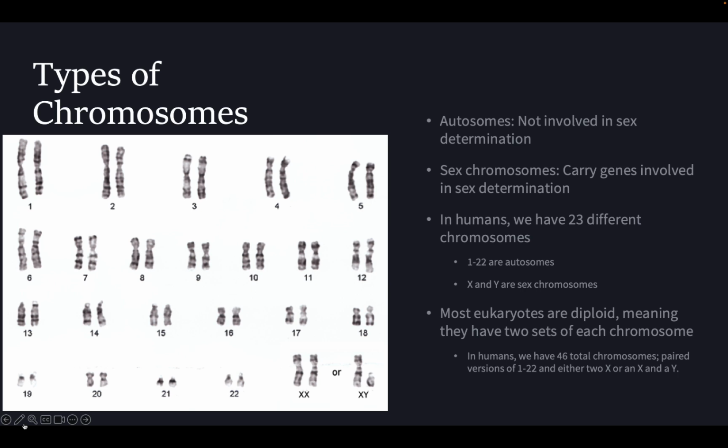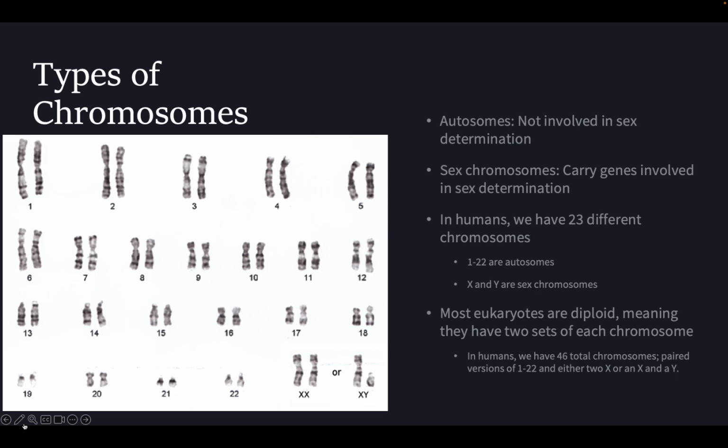In humans and other mammals, in some reptiles, and in some insects, we use a sex determination system based on X and Y chromosomes, where X and Y are the two different sex chromosomes. In organisms that use that system, in general, if the individual has two X's, that individual will develop as female.